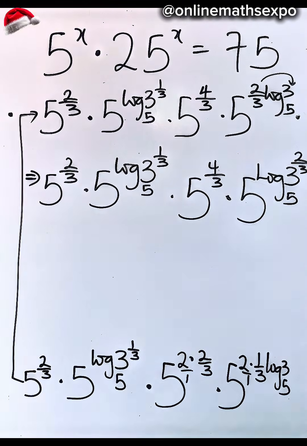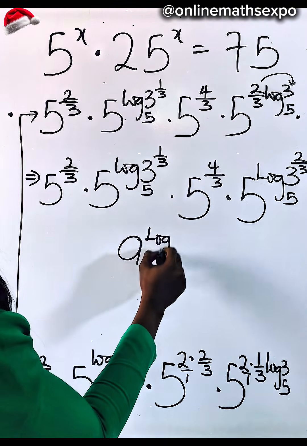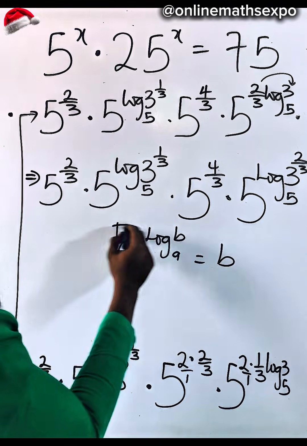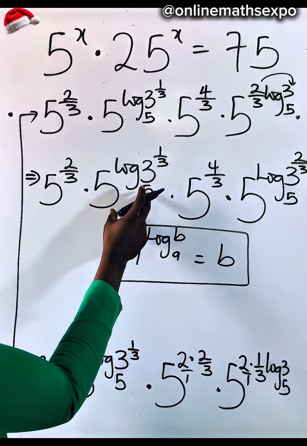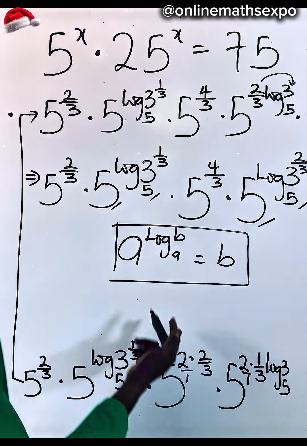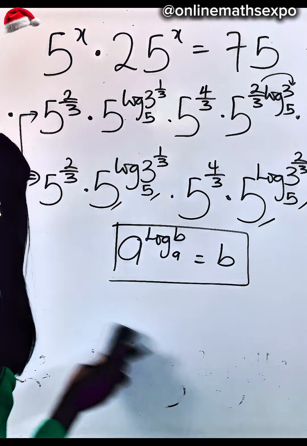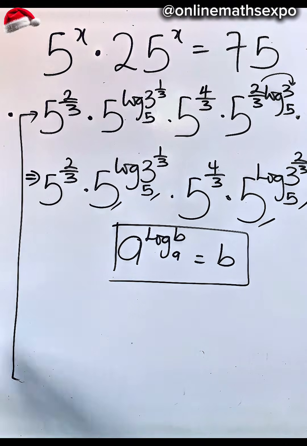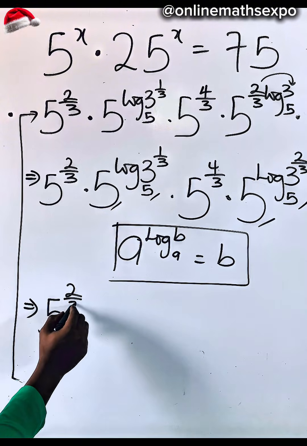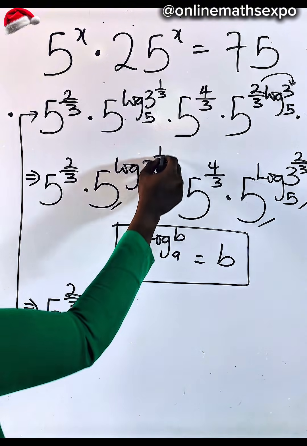Now, at this point, what do you do? Quickly remember, for every a to the power of log b base a is always equal to this number b. So you are going to apply this on this. You observe that these two bases are the same. So if you apply it here, this is going to give us 5 to the power of 2/3 multiplied by, for this, we are left with this.